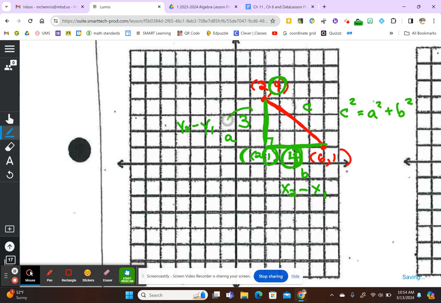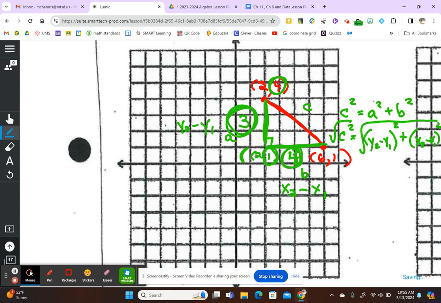But how did I get the length of A, which is 3? Well, what I did was I said A was y sub 2 minus y sub 1. So I could square that. And B was the difference in my x's, so x sub 2 minus x sub 1 squared. And to actually find out what C is, I would square root both sides.